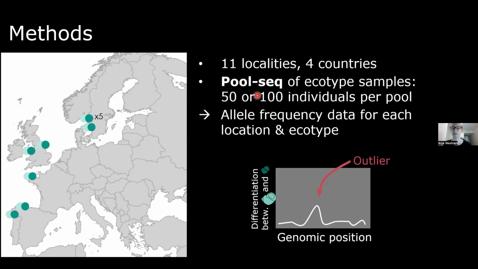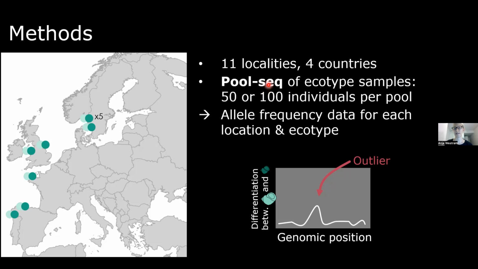Here we couldn't do the hybrid zone analysis approach that we did in the first part, simply because we sampled a much larger number of locations, and we couldn't do a hybrid zone study in all these places because it's a huge amount of work.